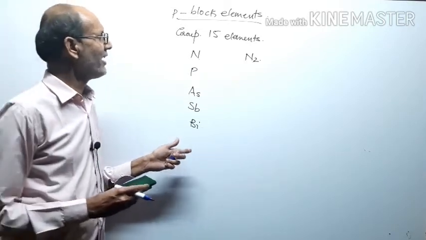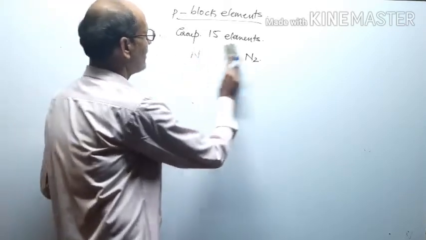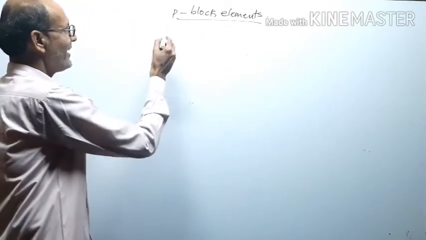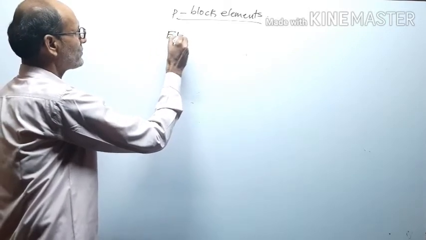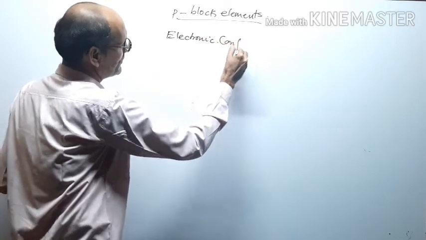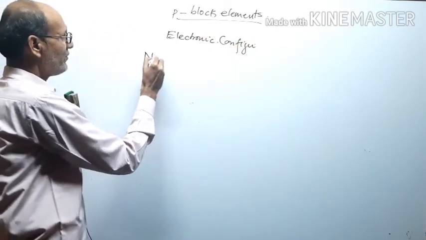So dear student, now moving towards the electronic configuration of group 15 elements. The first element is nitrogen. Nitrogen is the first element.